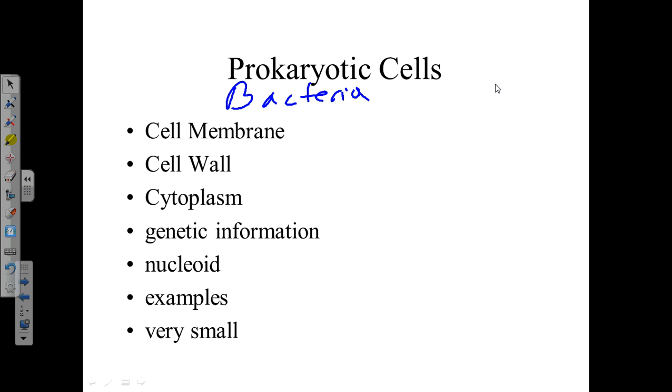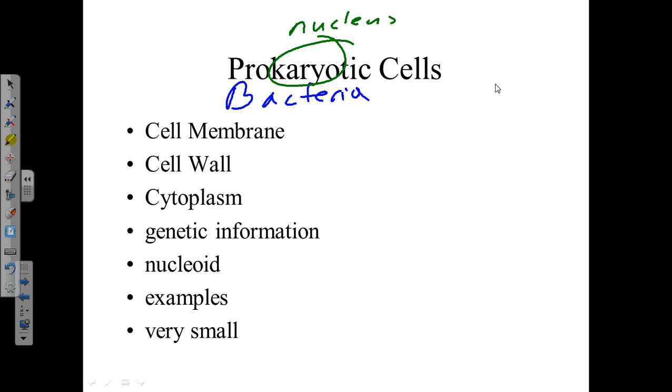All right, now let's think about what that word means for a second. Prokaryotic. I think we talked about that in here before a little bit. If you put P-R-O in front of a word, what does it mean? It means before. Pro means before. And karyo, this little root right here, actually means nucleus.